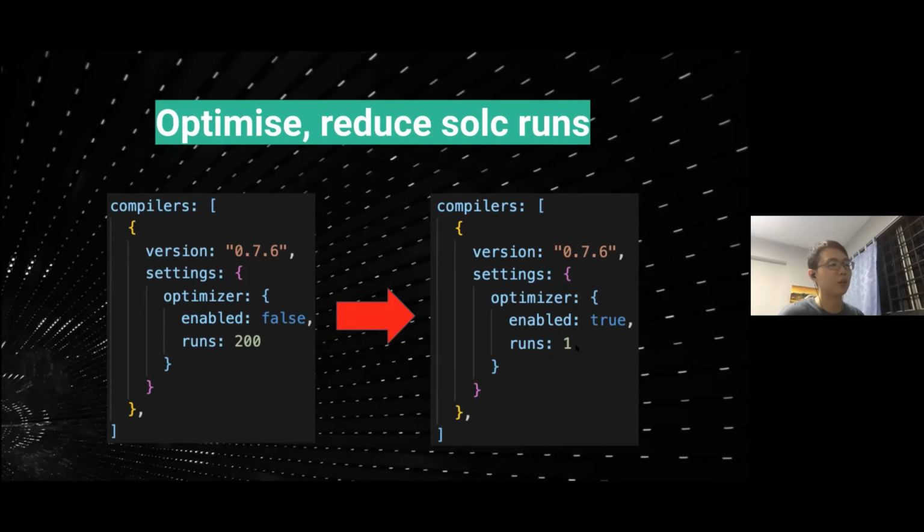If you don't turn it on, your bytecode size is larger than if you had turned it on, right? But if you increase this runs number, it will increase your bytecode size again. So it's kind of a fine balance there. But in any case, you do want to turn it on.